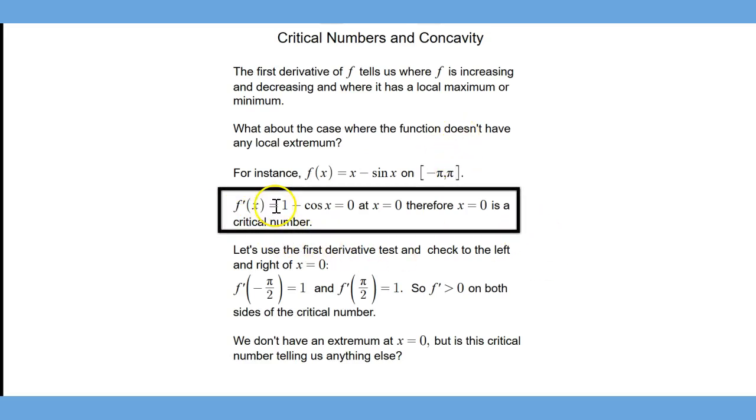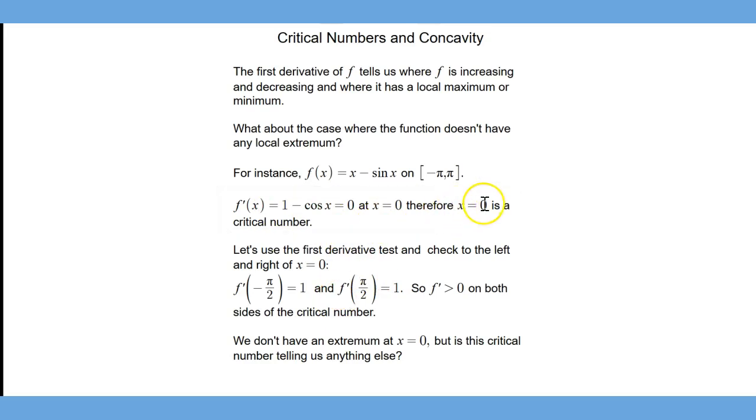If I take the derivative and set it equal to 0, I get the critical number at x equals 0. Now if I test on either side of x equals 0, if I plug minus pi over 2 into my derivative, I get 1. And if I plug positive pi over 2 into my derivative, I get 1. The derivative is positive on both sides of that critical number, so it's not a maximum or a minimum.